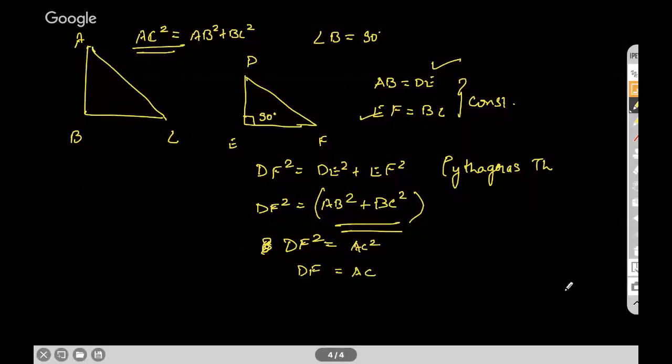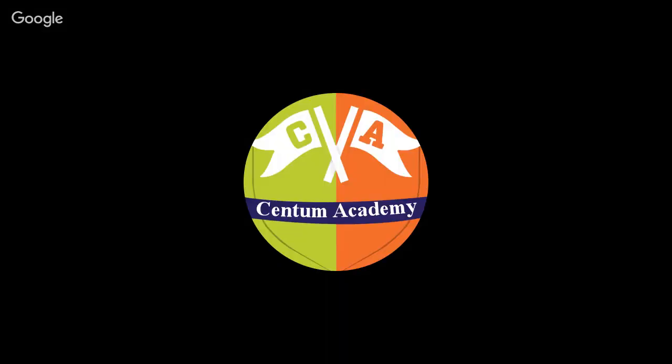So hence in both these triangles, AB is equal to DE, BC is equal to EF, and AC is equal to DF. Hence triangle ABC is congruent to triangle DEF, so angle B is equal to angle E, which is 90 degrees.